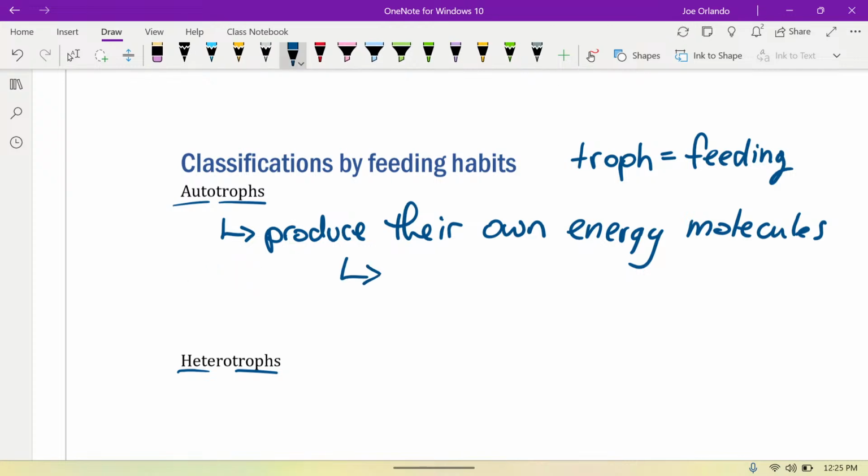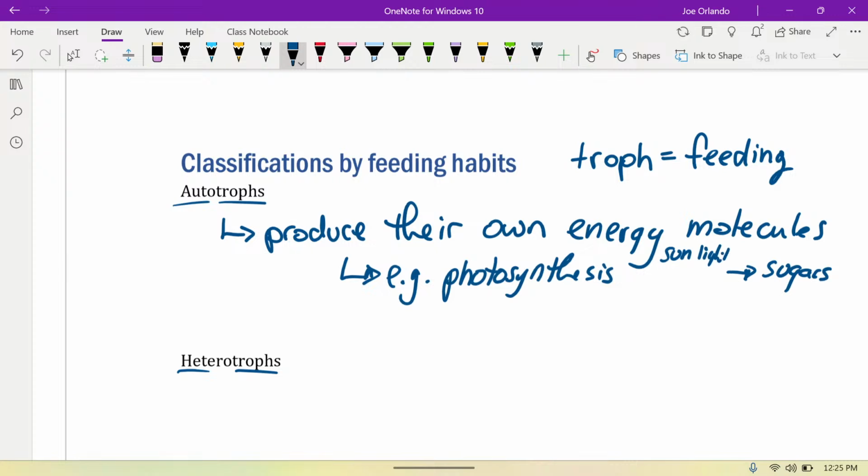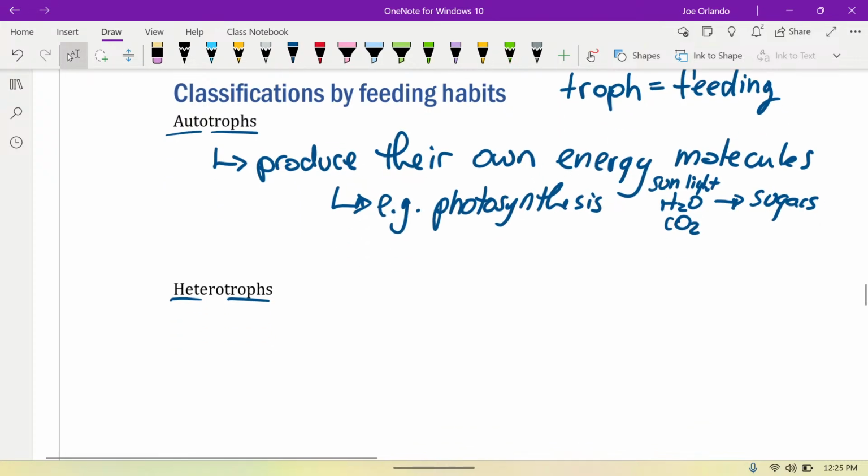And the most common one we think of is what plants do, which is what? Yeah, for example, photosynthesis makes sugars. Of course, what does it need to make sugars? It needs sunlight. What else does it need? Water. What else does it need? Sorry? Yeah, very good. Right? What's a heterotroph?